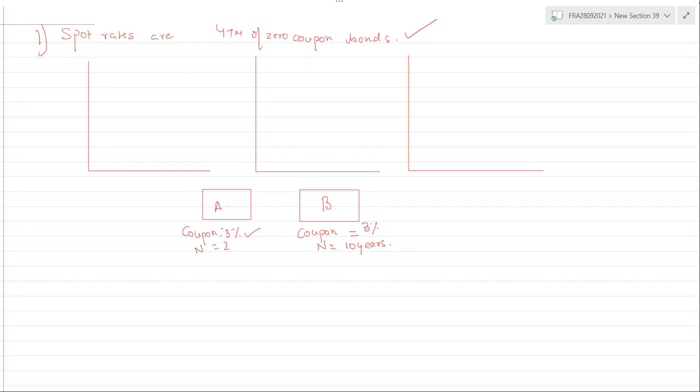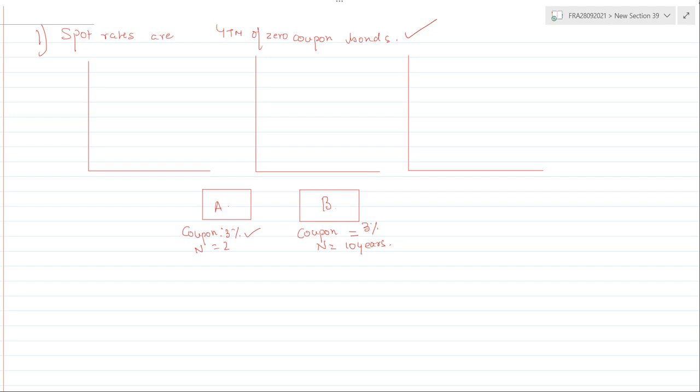So in either state of the world, right, investor B would be hurt more than investor A when market rates of interest increase, right? So we can conclude that longer term bonds are more volatile than short term bonds and more risky for the investor, right?